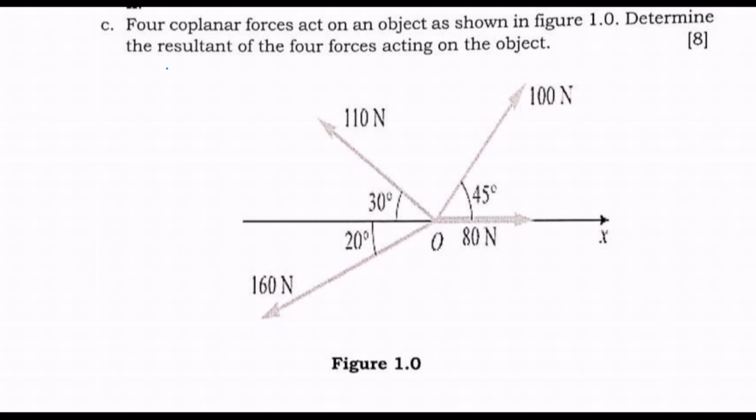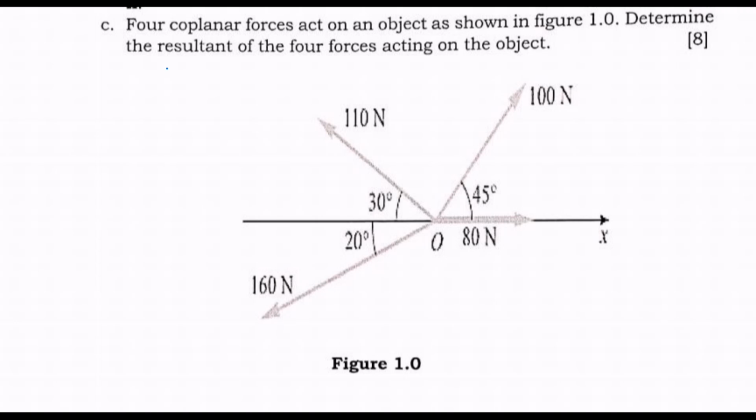So how can we determine the resultant? Remember what I explained in the first video on vectors. I said vectors you can add according to components; you need to make them into x and y components.